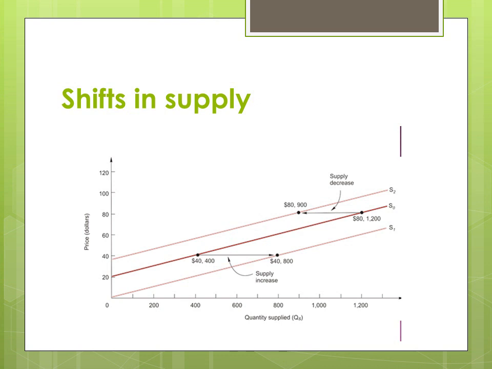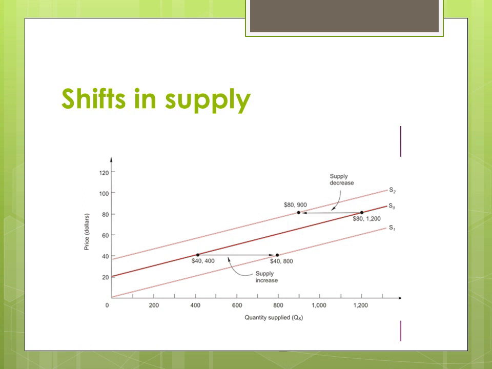You can see that horizontally we are taking quantity supplied and vertically we are taking price. So when our quantity supplied increases more than our price, then our curve will shift rightward.